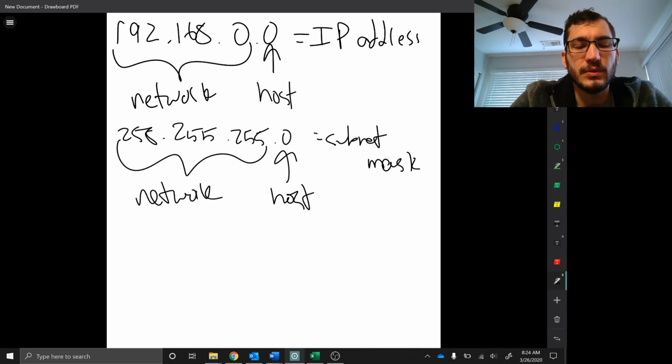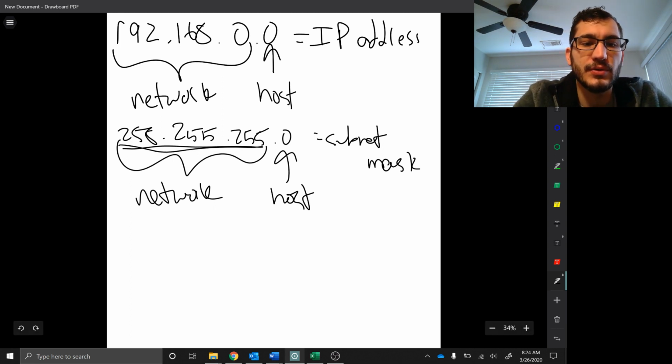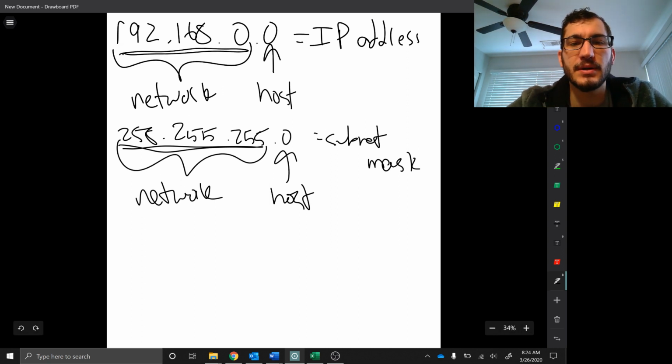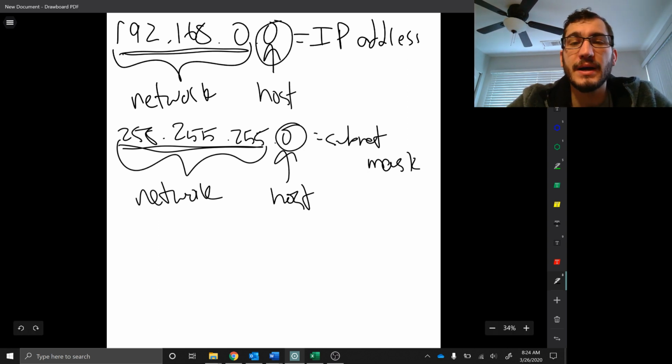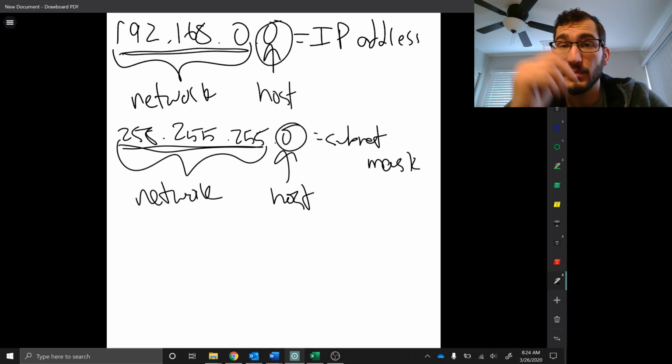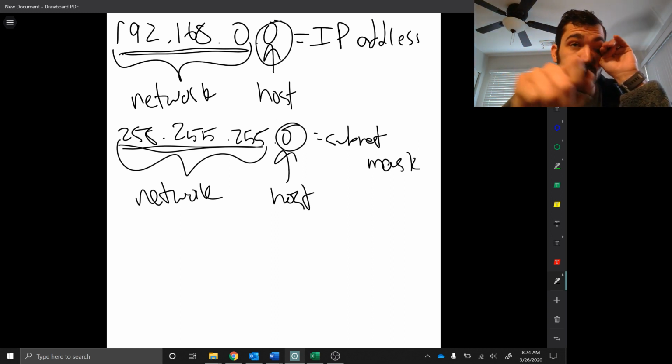Again, a little review from yesterday: because these are all 255s, these three octets in the IP address won't change for anything on your network. The only thing that will change is this host part, which is why every IP address on your home network starts with the same three numbers.